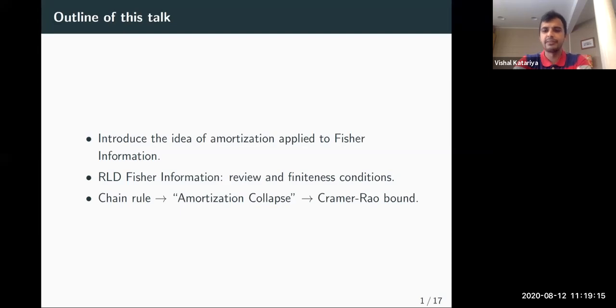We'll review that and give finiteness conditions for it, which will turn out to be quite important later. And finally, the important technical contribution is a proof of something called a chain rule inequality, which helps us prove something called an amortization collapse, which then helps us prove a simple bound for parameter estimation. All of this will definitely become more clear in the next 25 minutes or so.